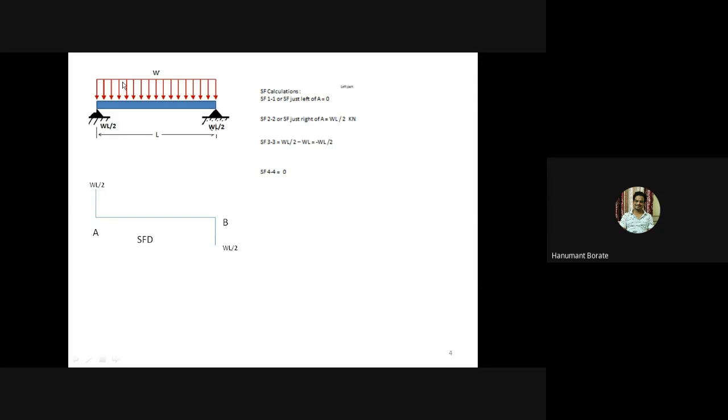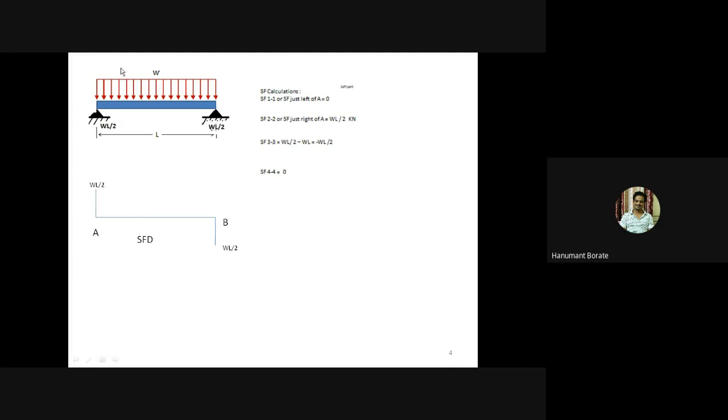Means if we take a section here, we'll get WL by 2 minus W into L by 4. WL by 2 minus WL by 4. So here we'll get the value WL by 4. So this value is less than WL by 2, right? So means we need to join this WL by 2 with this minus WL by 2, right?